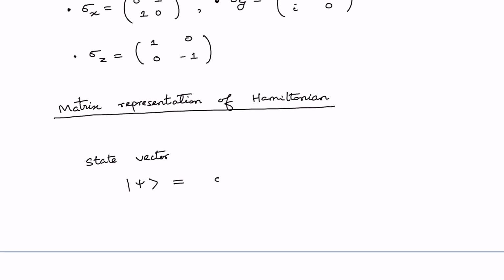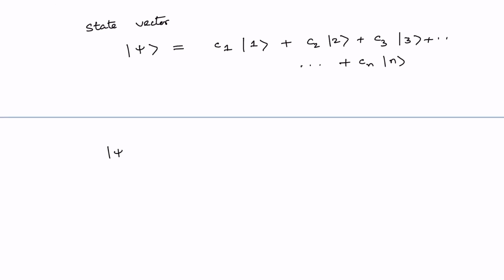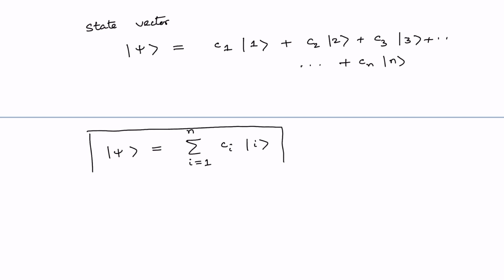So for example, suppose you have an n-dimensional Hilbert space, then you can write it as a superposition of the basis states, say ket 1, ket 2, ket 3, and up to ket n, with coefficients C1 up to Cn, and I can write this in a shorthand notation like this: ket psi is equal to the summation over Ci ket i, where i goes from 1 to n, and the kets i are the basis states.